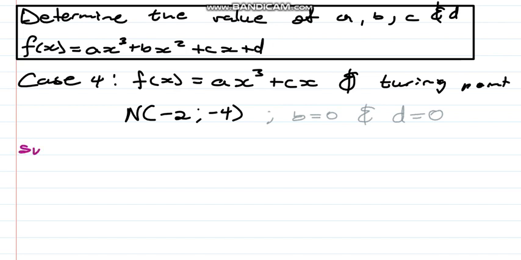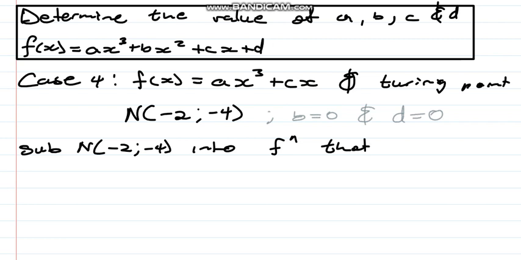So if we substitute this point, minus 2, minus 4, into f of x, into the function, that's one equation done, right?